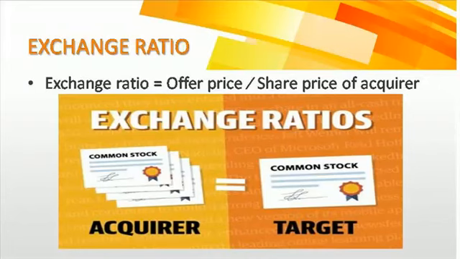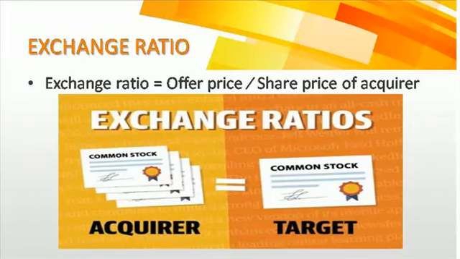The ratio in which the acquirer company will give shares to the target company is called the exchange ratio, or the swap ratio. The target company can say, for every one share of the acquirer company you need to give 5 shares of the target company, and the exchange ratio will be accordingly. It can also be 0.5 shares or 0.6 shares. That decimal amount can also be there.